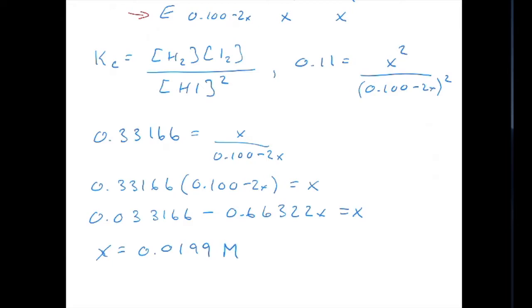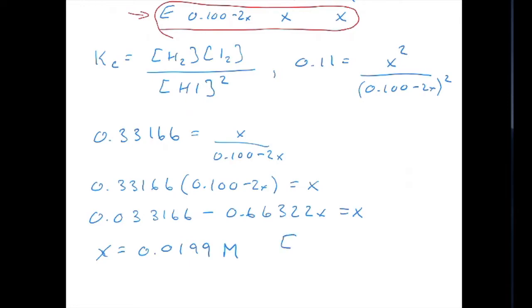And now, since we know the value of x, we can use that to determine the concentrations of reactants and products by using our equilibrium conditions here. So we just substitute our value for x into x's in the equilibrium conditions above.